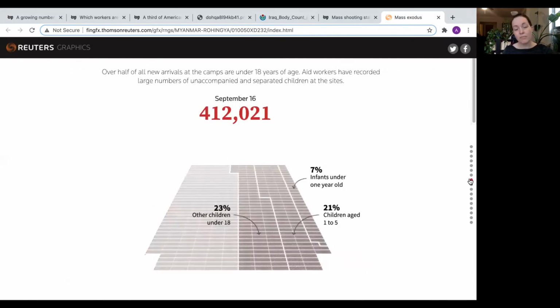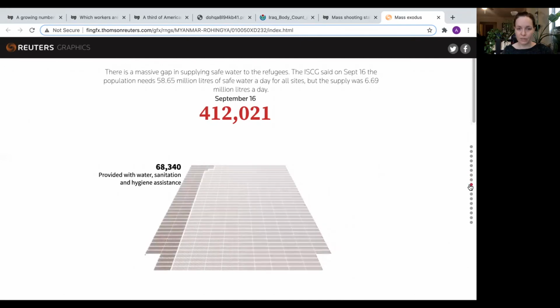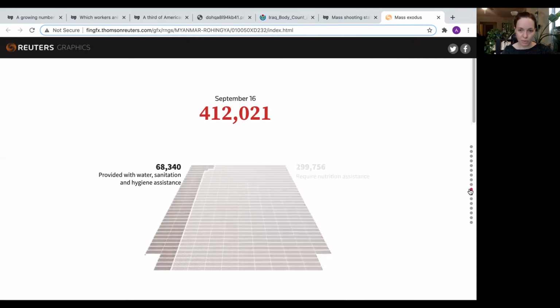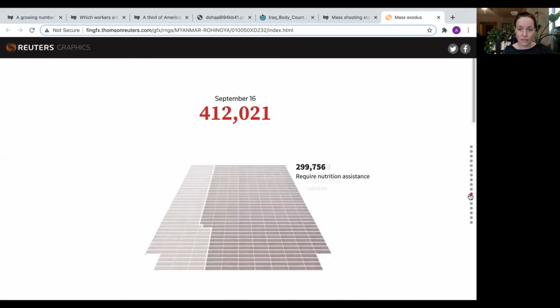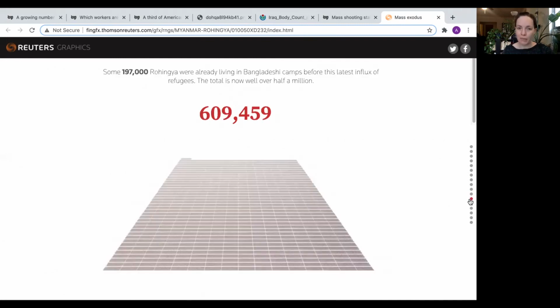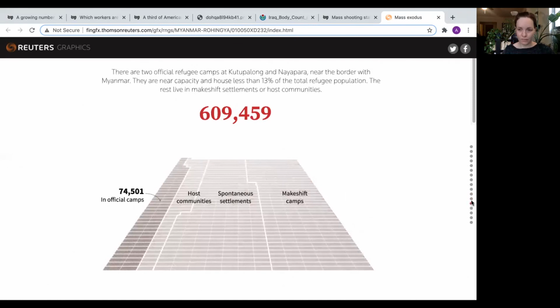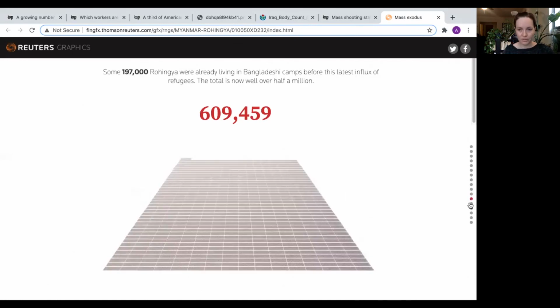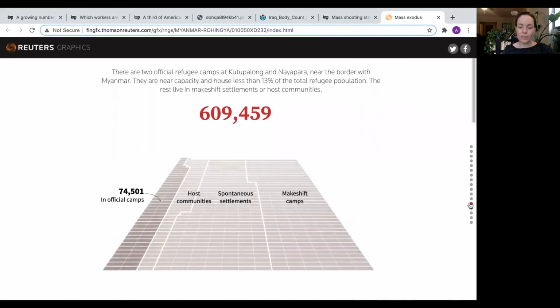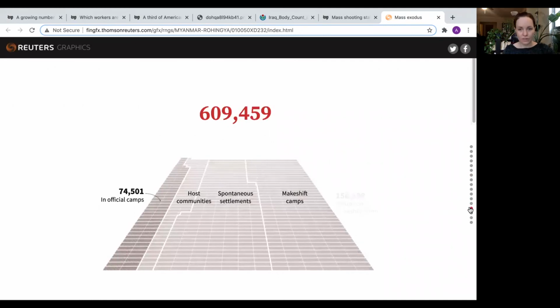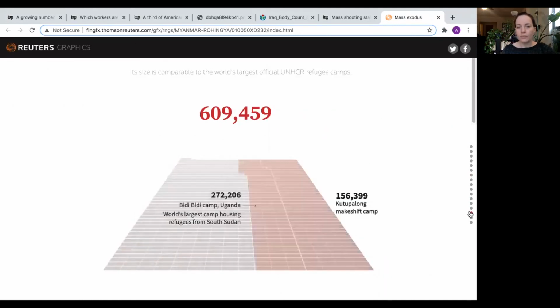Then they actually make this into waffle charts, similar to some things that I've done since then, where those blocks are broken down into percentages to show what services people have received and what services people need, describing that population a little bit more, and then again going through and showing a total increase and information about where they're living and so on.